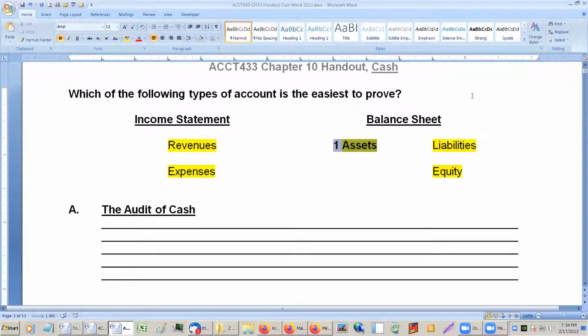I say, well, why? Well, because assets, for one thing, a lot of them you can see. I'm sitting in an asset. This is being recorded on an asset. Inventory is an asset. You can go count the inventory. It's real easy for a lot of assets to prove them. Liking things that are easier to prove, assets are where most audits start.